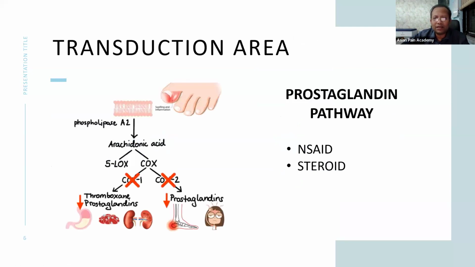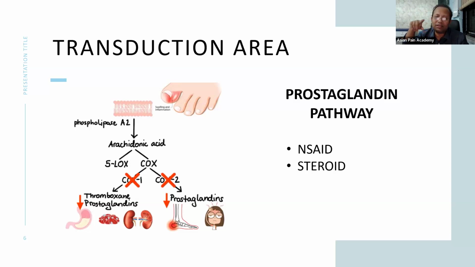So in the transduction area, just see what is there. It is chemical to electrical. Mainly it is the prostaglandin pathway. In the prostaglandin pathway, when there is injury, phospholipids are released from the cell membrane. Phospholipase A2 acts on the phospholipids and forms arachidonic acid.